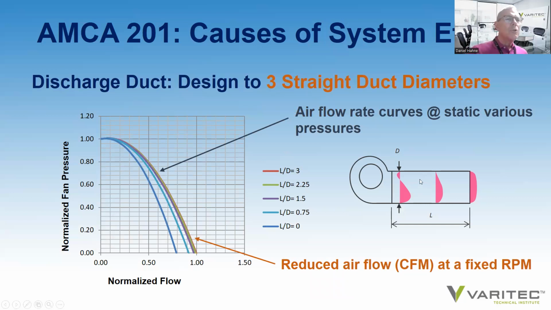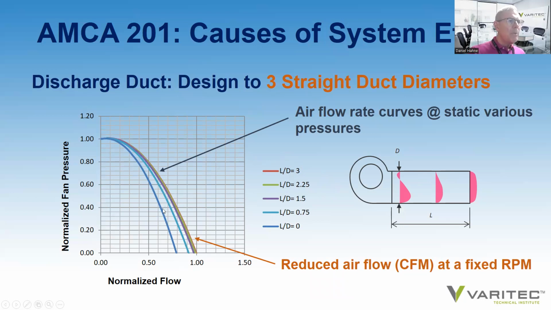If you do not have sufficient duct length, as this diagram suggests, or this list of 3 duct lengths that allows for optimal performance of airflow, and we begin to add a transition of some type before the effective duct length, you will have a decrease in available airflow as these curves demonstrate.